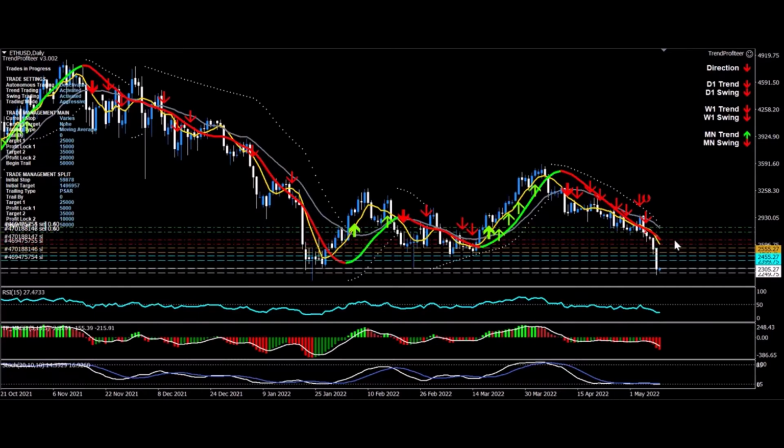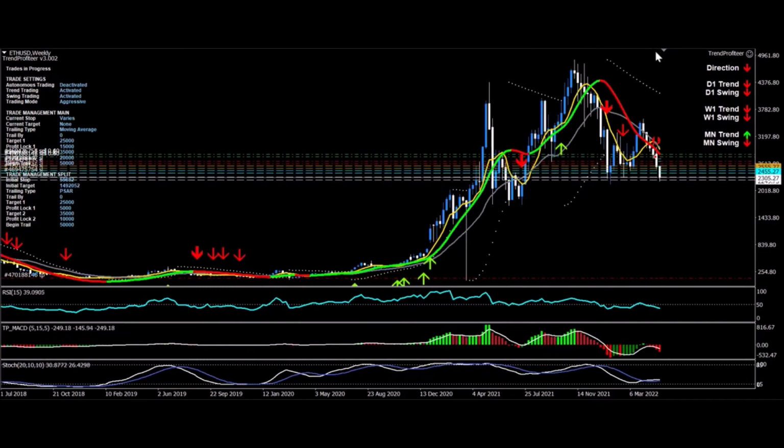So I can always modify the trades, I can always intervene, but right now I'm just sitting back. 3 targets have been hit. It's been a huge amount of pips that have flowed into my account, while other people are hodling and crying because the value of their crypto has gone down.